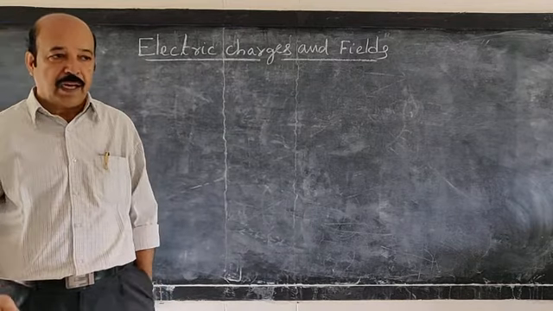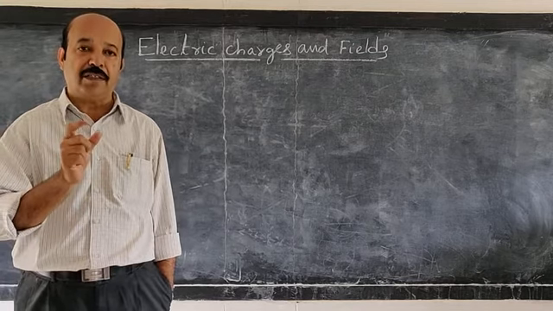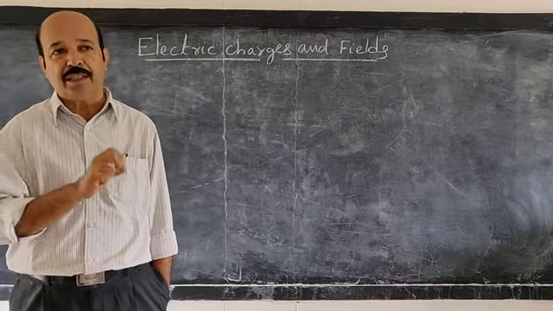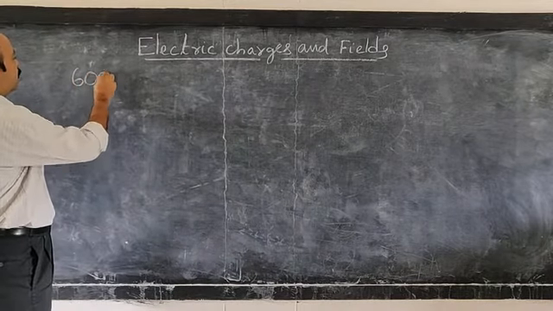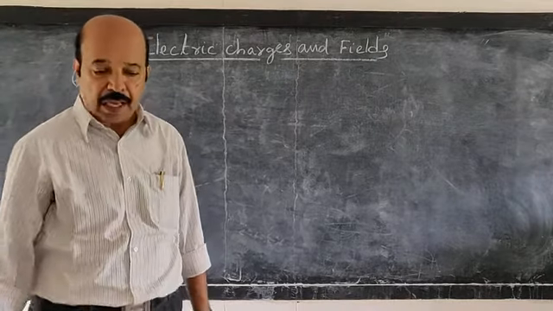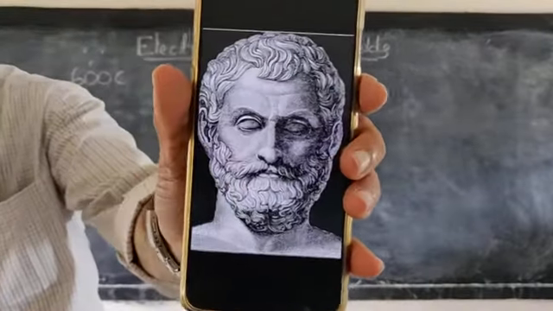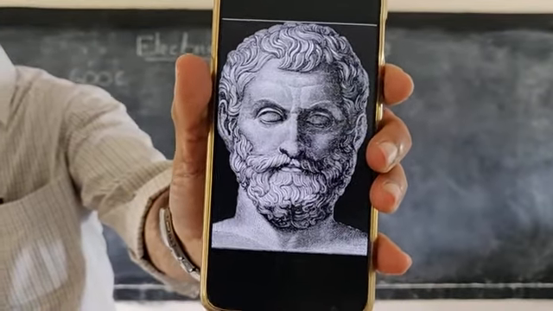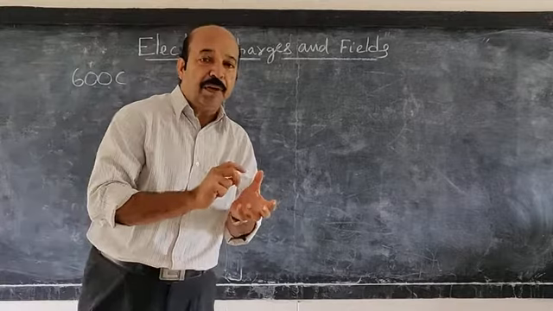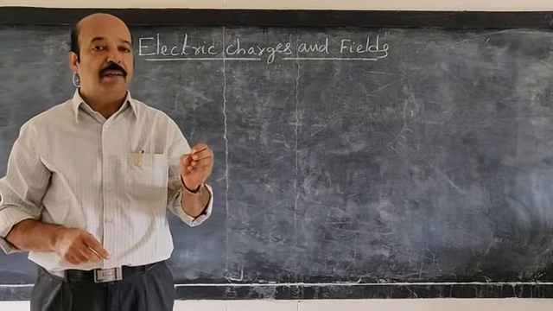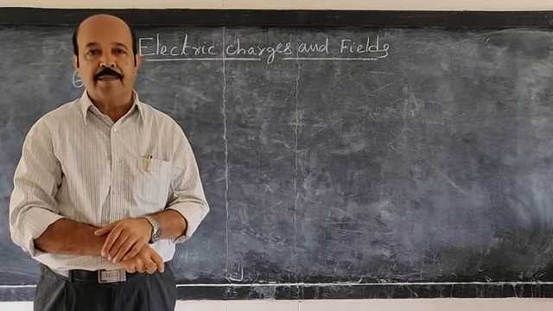The name electricity is drawn from the word electron, used for amber in the Greek language. Some 600 years before Christ, a famous mathematician, Thales of Miletus, whose photograph I will show, observed that when amber was rubbed with fur, it attracted small objects like fluff of cloth or small particles.